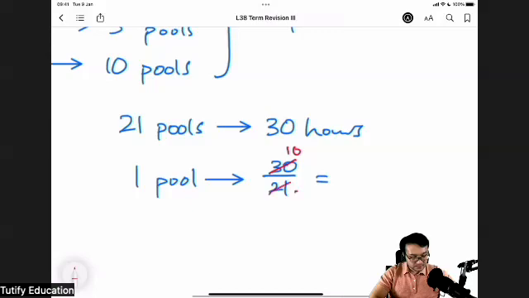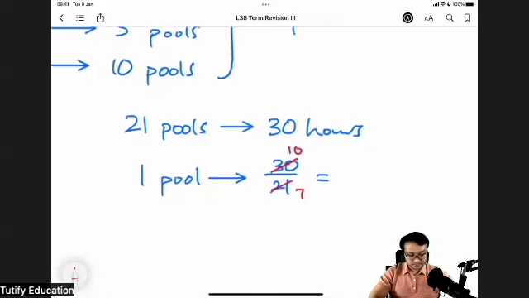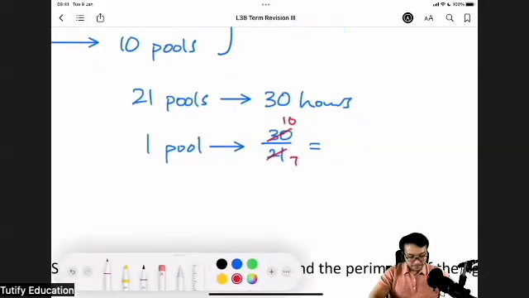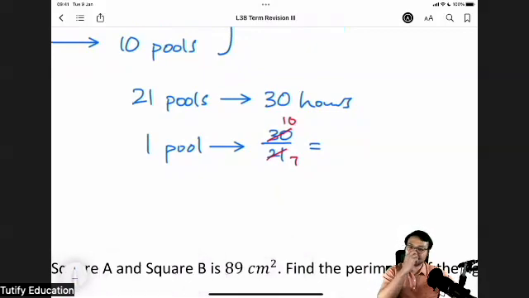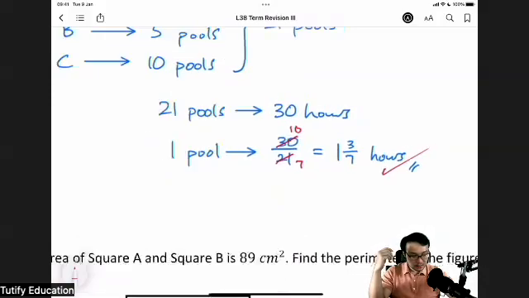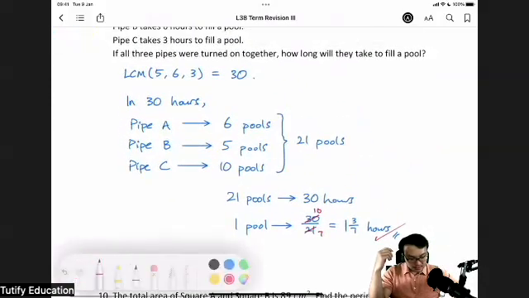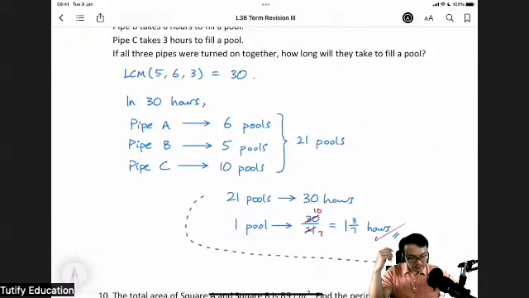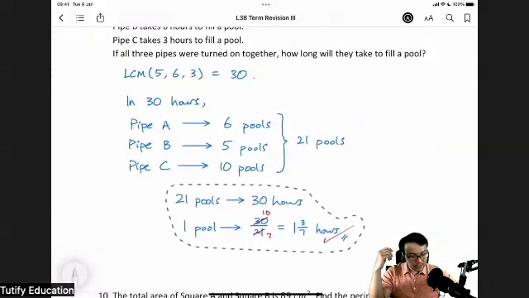Divide it by 3, I get 7. So now my fraction is 10 over 7. Can you change it into a mixed number for me? One whole and what? 4 and 3 are 7. Well done. So if you turn on all the 3 pipes together, they will take 1 and 3 over 7 hours to fill up one pool.